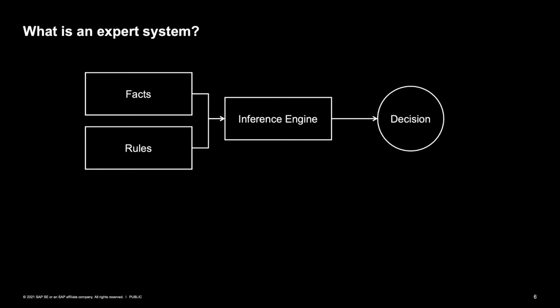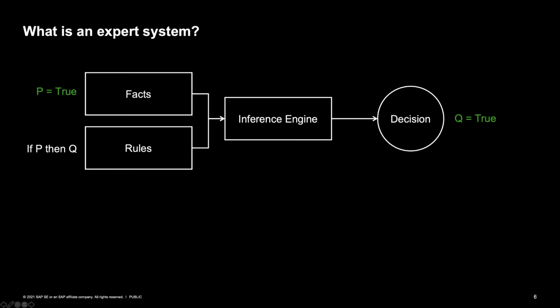Most expert systems are based on formal logic and use deductive reasoning. They use the following inference rule, also known as syllogism: if P is true, and if we know that P implies Q, then Q is true. The simplest expert systems are based on what we call propositional logic.